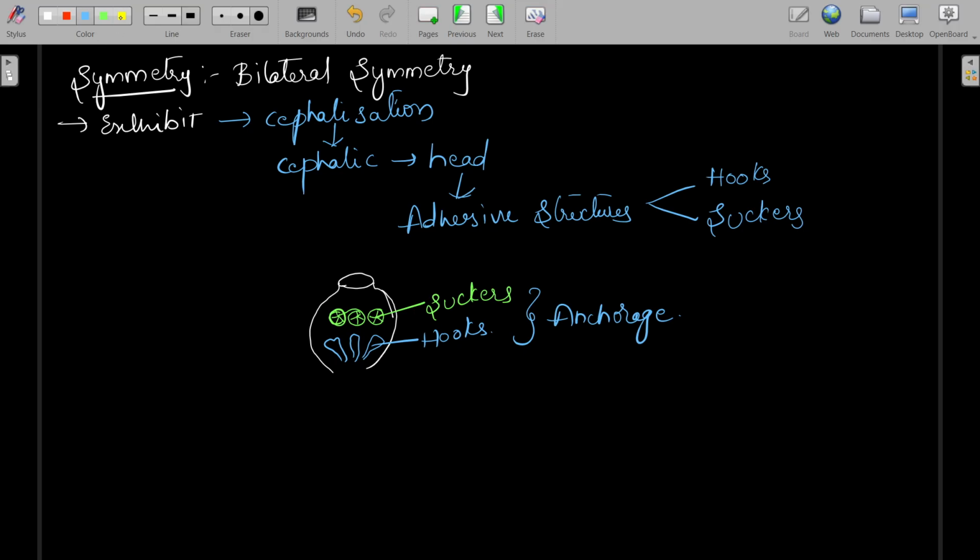Next, coming to the nutrition. It occurs through the body surface.